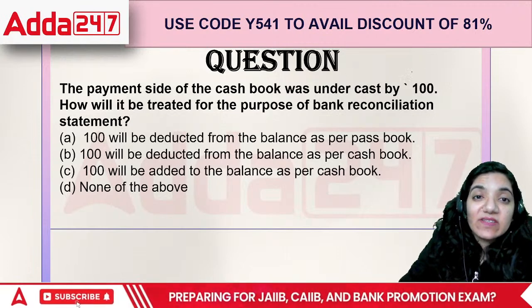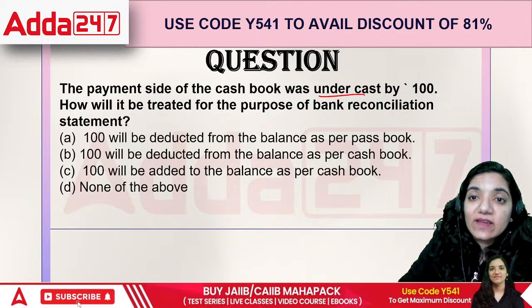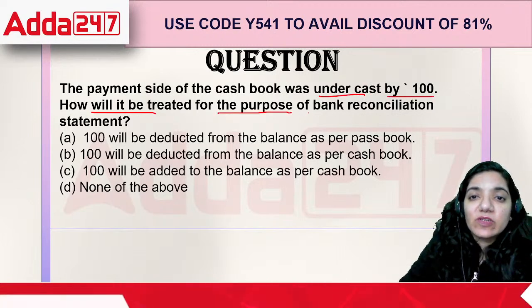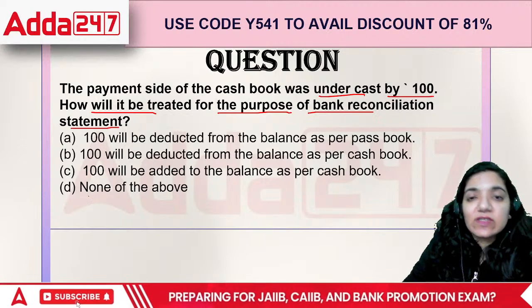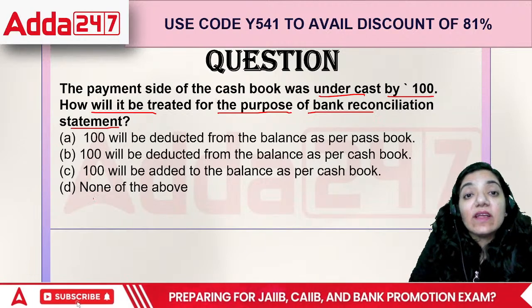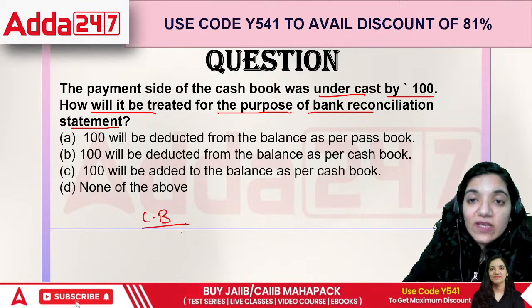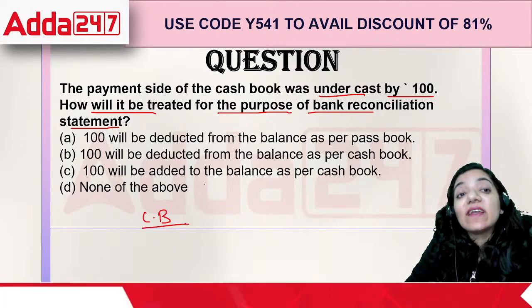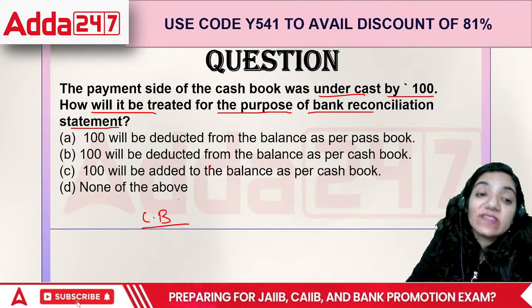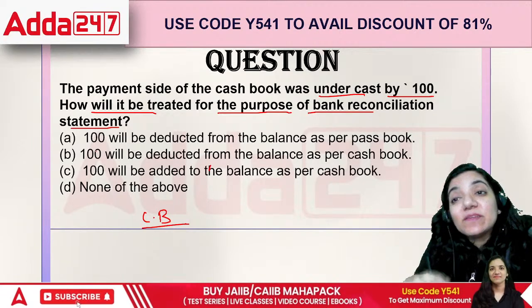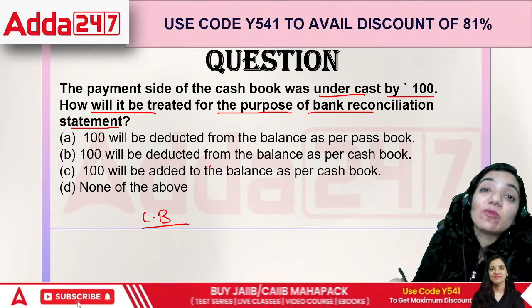Then the payment side of the cash book was undercast by rupees 100. How will it be treated for the purpose of bank reconciliation statement? See, this is where we are standing at the cash book, and the cash book was undercast by rupees 100. That means the payment side, the minus side, was undercast.